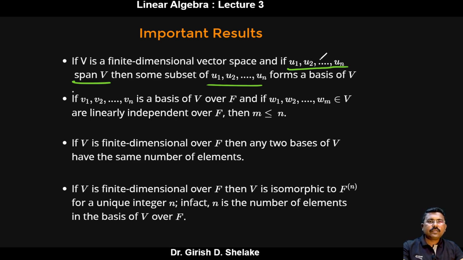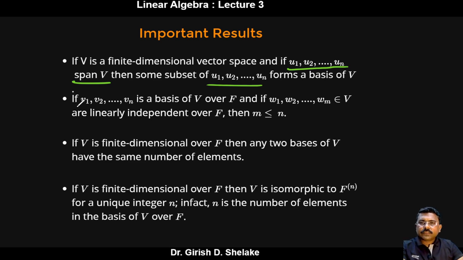If it is not linearly independent, then remove some vectors from this set so that it becomes linearly independent, and in that case it is linearly independent and also spans the whole space V, and therefore we get some subset of this set that forms a basis of the vector space V.